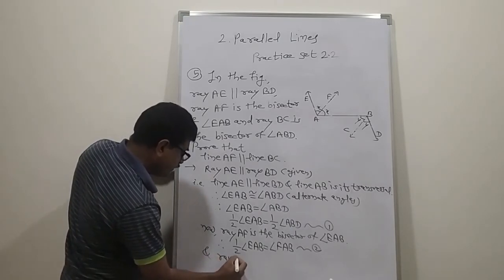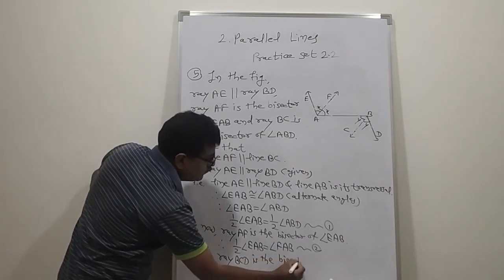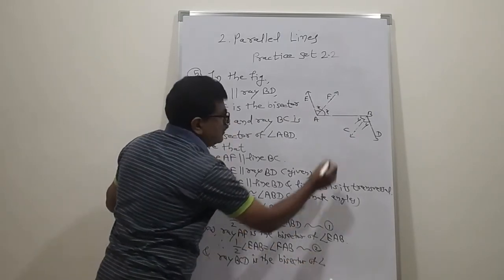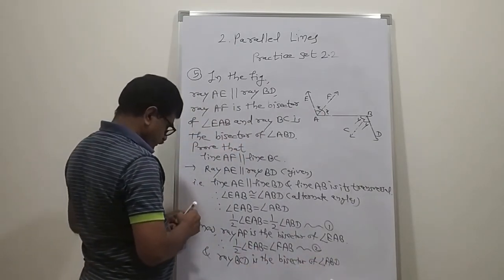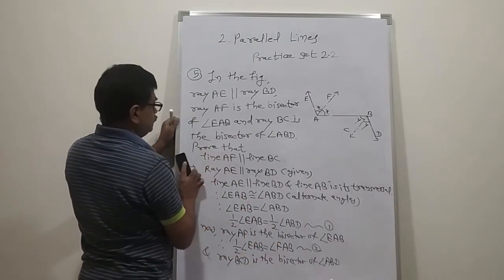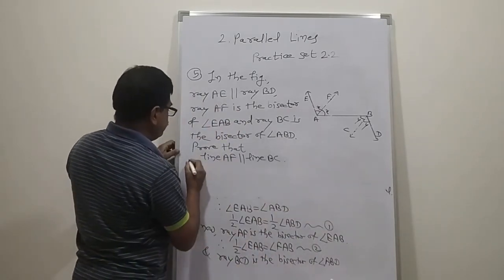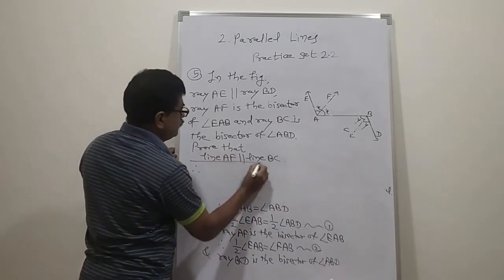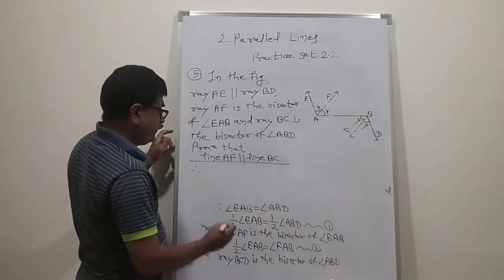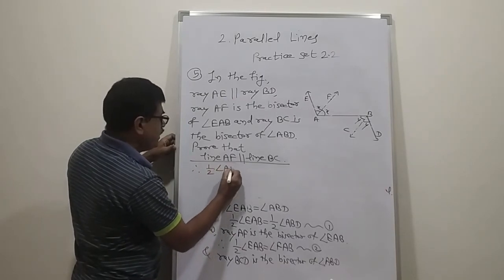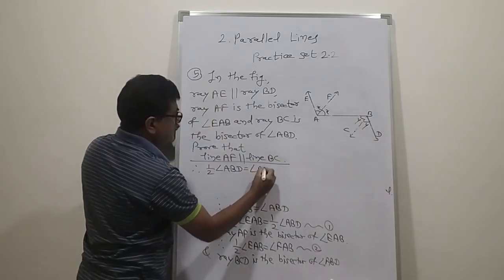Therefore, 1 upon 2 angle ABD is equal to angle ABC.